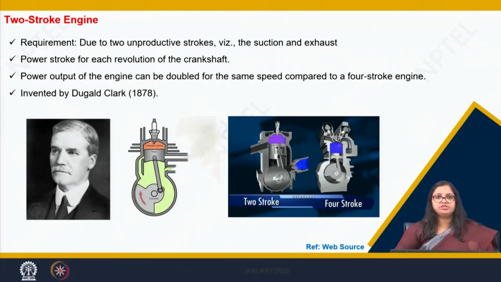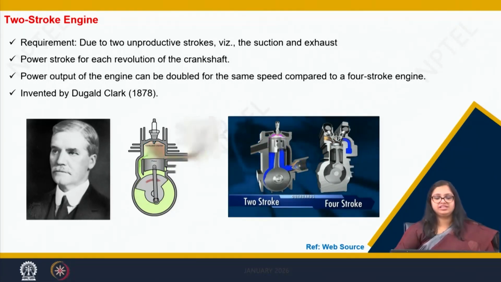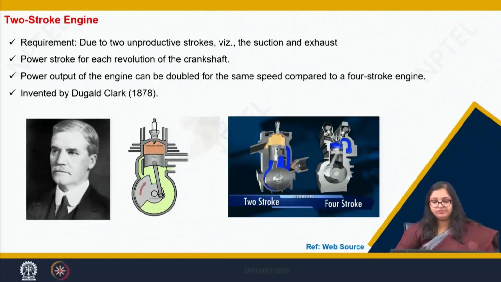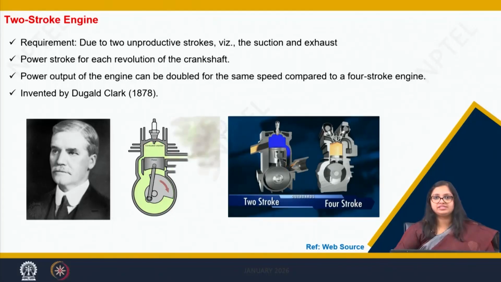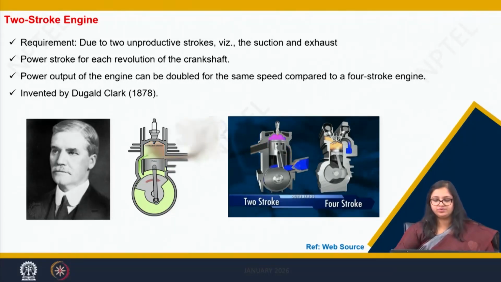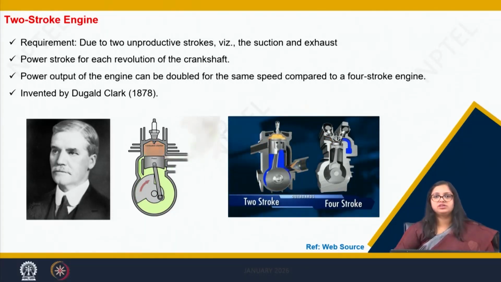The picture that you are seeing here is of a scientist named Dugald Clark, who invented this 2-stroke engine in 1878. Well, first the 4-stroke engine was developed, where all the 4 processes were specified in a sequential manner. The process was well established, and thereafter this 4-stroke engine was converted to a 2-stroke engine.